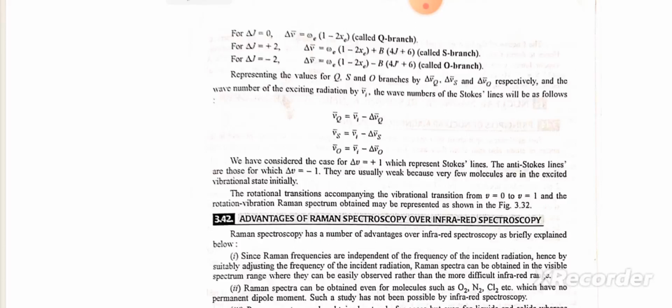The wave number of the exciting radiation is denoted by nu i. The wave number of the Stokes line will be as follows. We have considered the case for del V is equal to plus 1, which represents Stokes lines. The anti-Stokes lines are those for which del V is equal to minus 1.